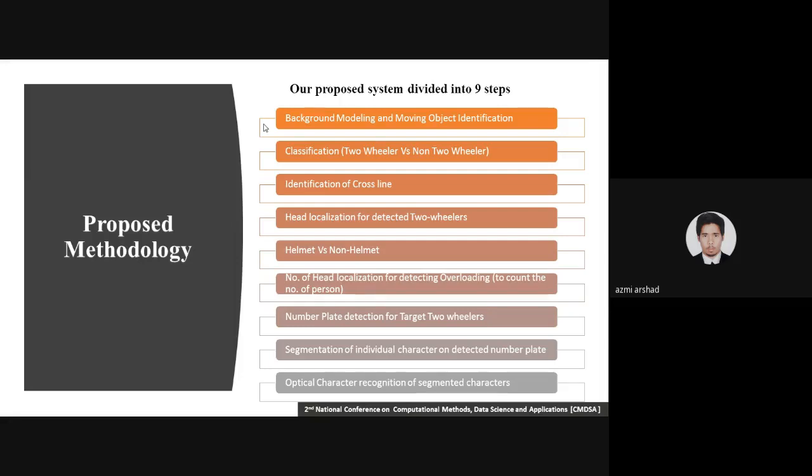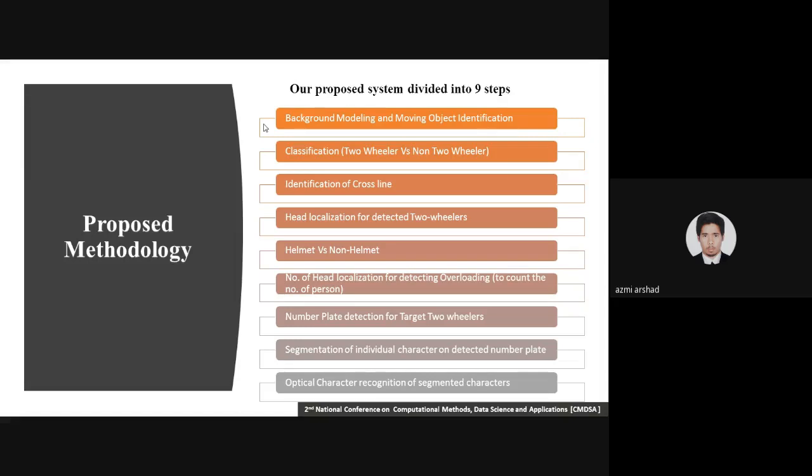We will not directly perform helmet detection. First, from the two-wheeler image data, we will take the upper one-fourth part of the image for helmet detection. By doing so, we can reduce the computational requirement.